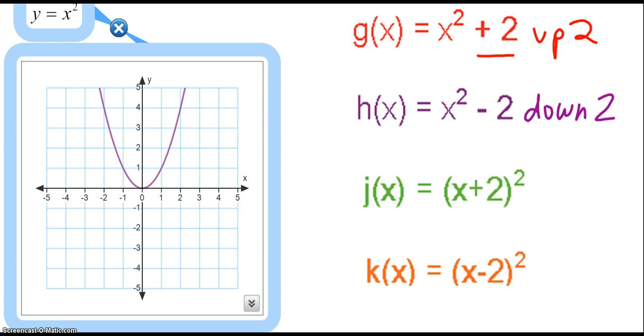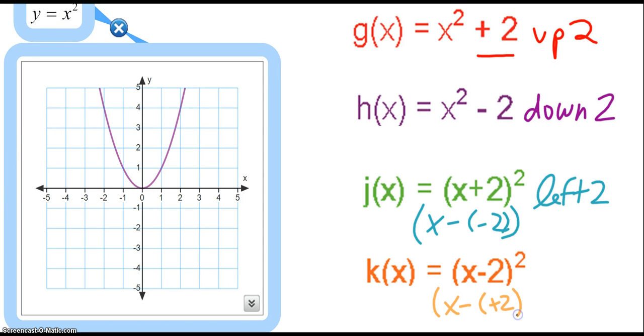Here, with a plus 2 inside the parentheses, this is actually going to go left 2. And remember, that's because there's an x minus h, so this is x minus a negative 2. Now remember, that negative 2 means I move to the left 2 places. And then last but not least, I have a negative 2 inside. That's going to be x minus a positive 2, which means I go right 2 places.